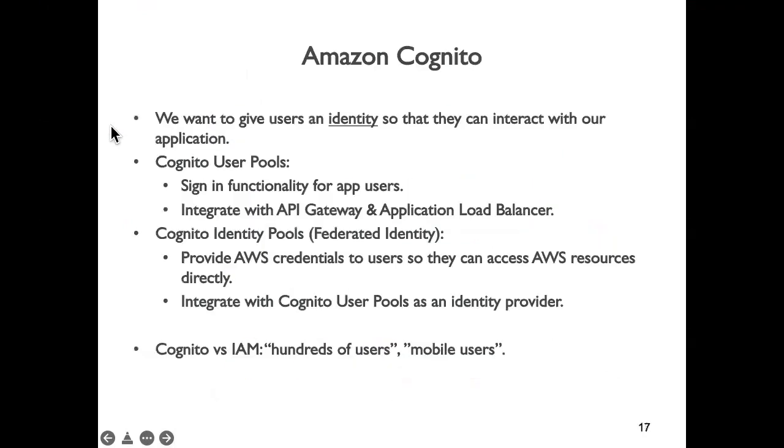The main concept, or resource, sorry, that we create when we're using Cognito is what's called a Cognito user pool. And you could think of a Cognito user pool essentially as a database, albeit a serverless database of your users' accounts, plus some additional functionality.